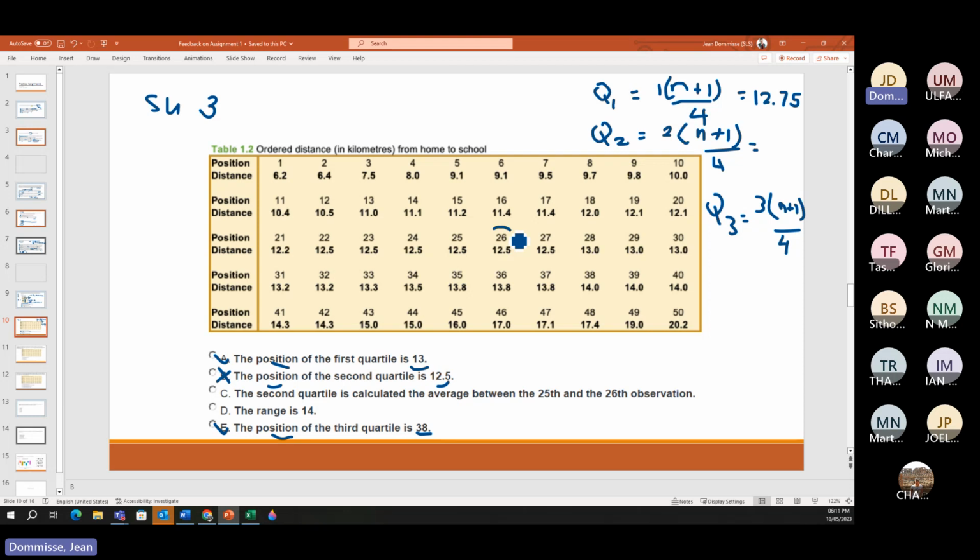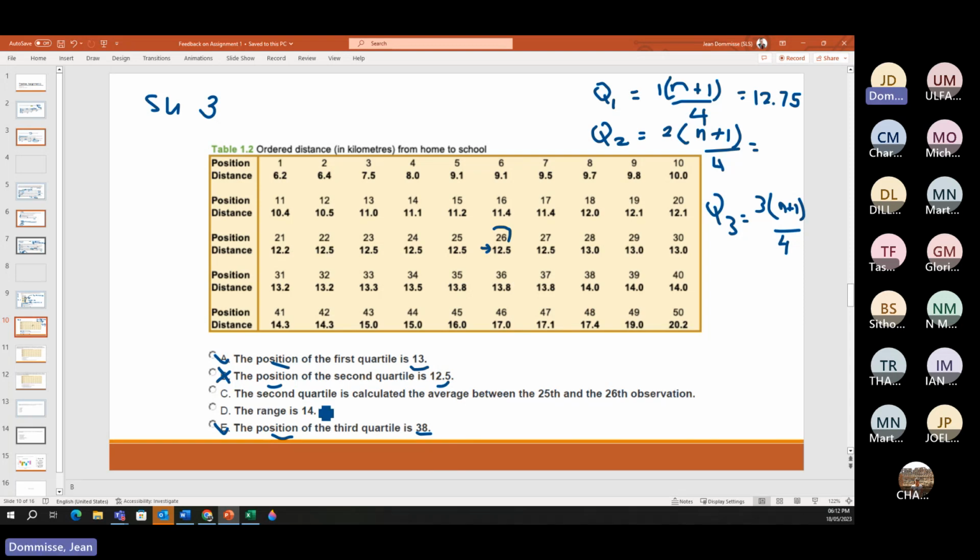So at position 26, they actually gave us the answer and not the position. So they gave us what the answer should be. The value is 12.5, not the position. The position is 26.